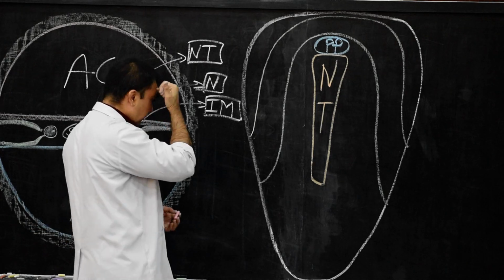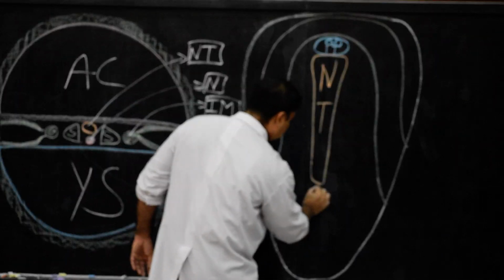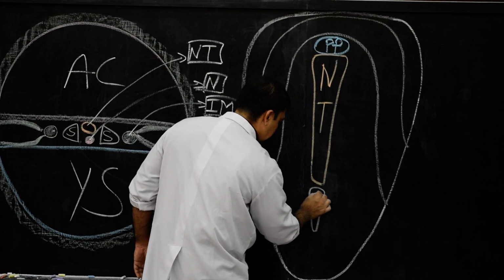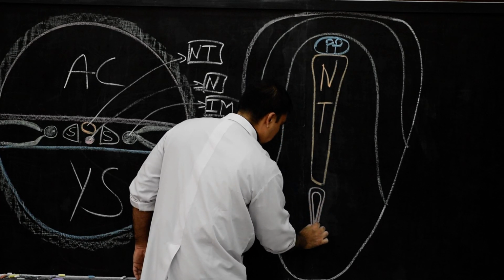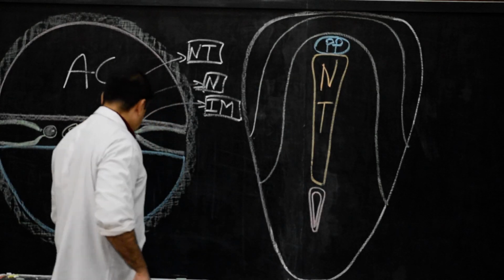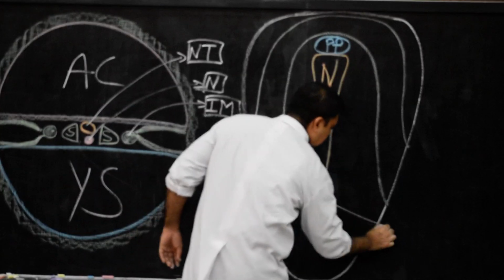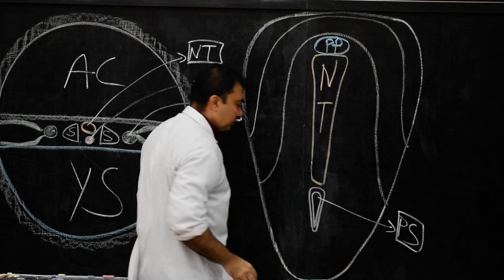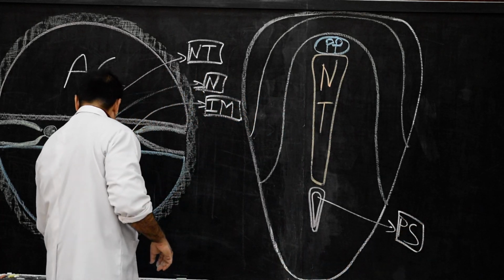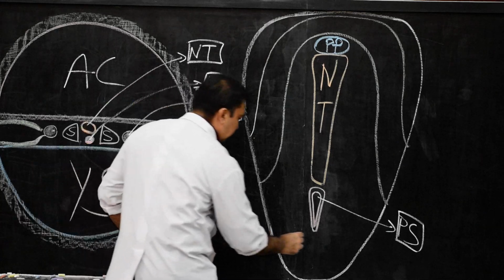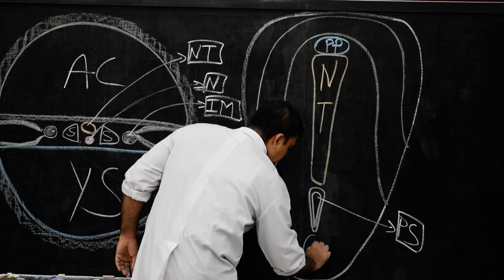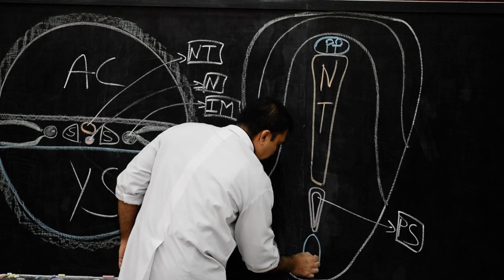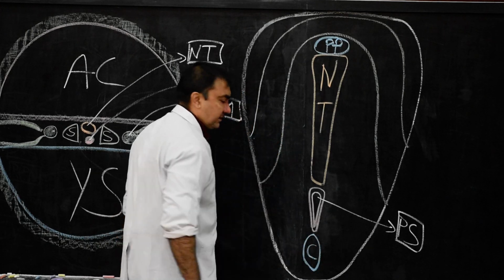Just caudal to neural tube we are going to draw the primitive streak. So this is the area of primitive streak here, and we are going to mark this as the primitive streak. Caudal to primitive streak we are going to mark the cloaca. So here we are going to mark this as the cloaca, that is cloacal membrane, C. I am going to mark it as C.